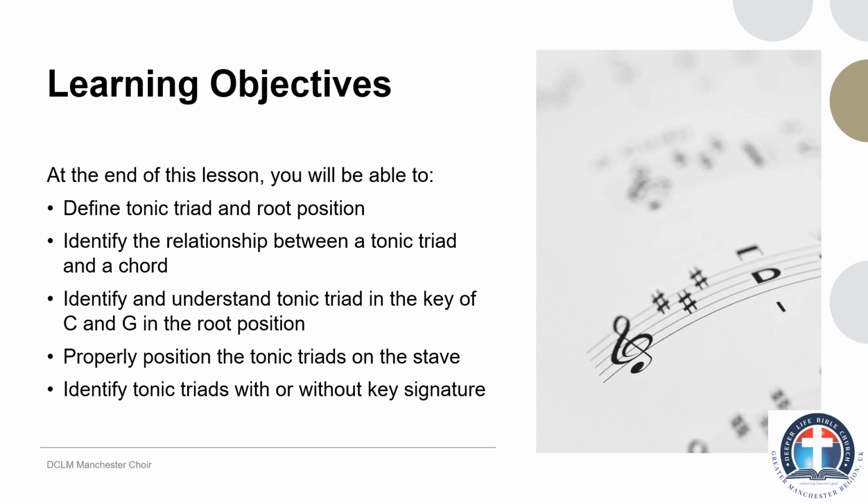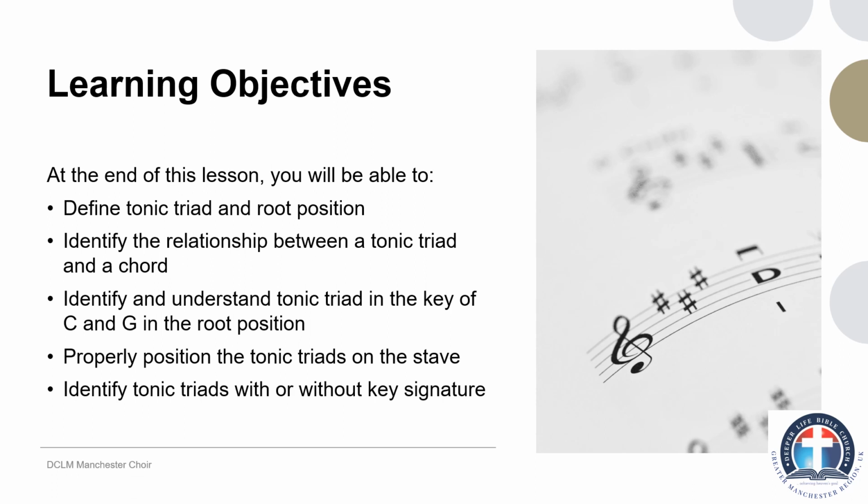When you see a tonic triad in the key of C or in the key of G, you'll be able to identify it, understand how it's written, and why it's called a tonic triad in the root position. Also, you'll be able to properly position the tonic triad on the stave.